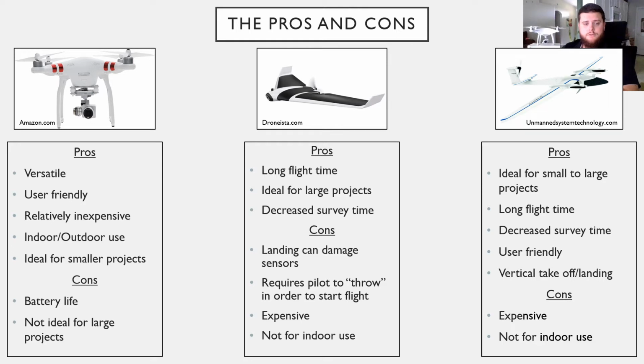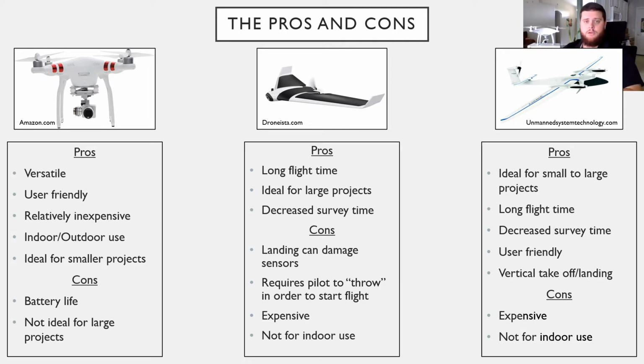Some cons to a fixed wing would be landing can damage sensors or the cameras. So in the fixed wing, on the bottom of the aircraft, we have these sensors and we have our camera. And so when we go to launch a fixed wing, we physically throw that in the air. You know, the prop starts in the back, we throw it, and it takes off.